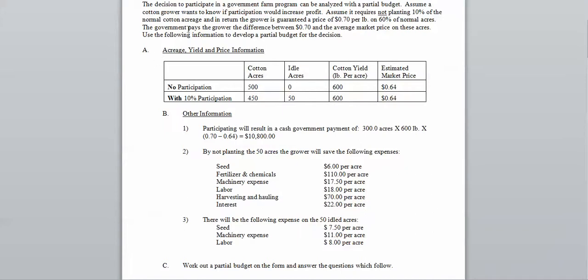Remember, the government pays the grower the difference between 70 cents and the average market price. Well, the average market price is 64 cents. They're guaranteeing us 70 cents. So the government is going to pay us 6 cents on 300 acres of 600 pound cotton. That ends up being $10,000.